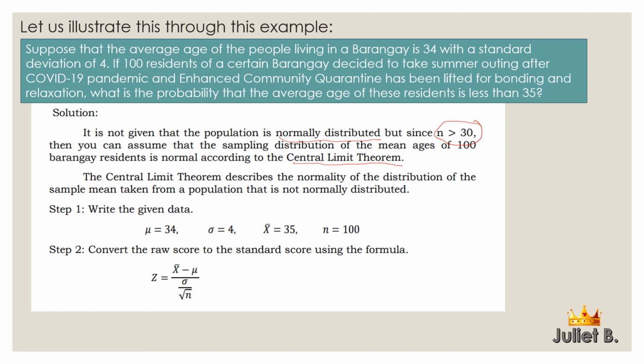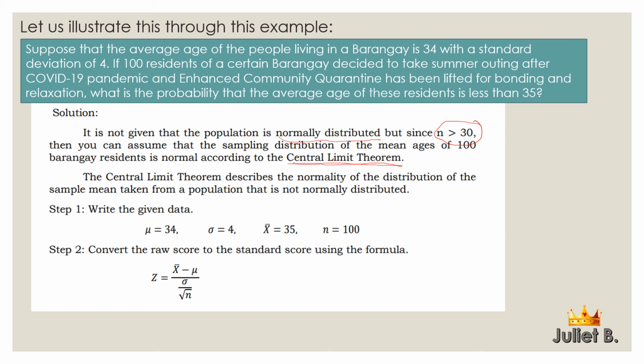Yun yung isang bagay na pwede natin i-consider, although hindi naman niya binabanggit if it is normally distributed, kasi usually babanggitin na the data is normally distributed, and so on. Eh, ang problem natin, hindi niya binanggit.